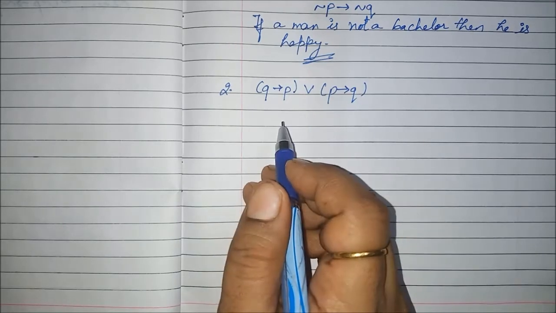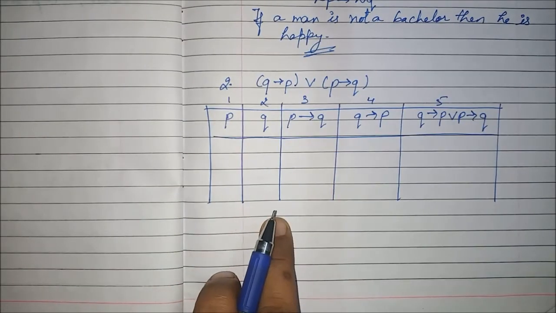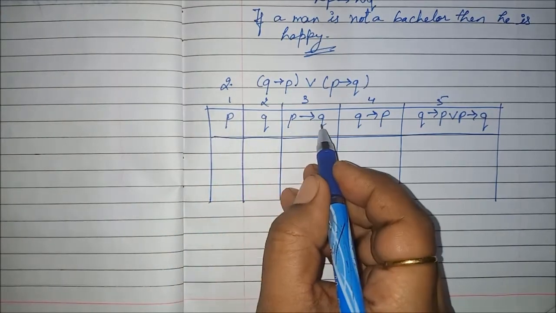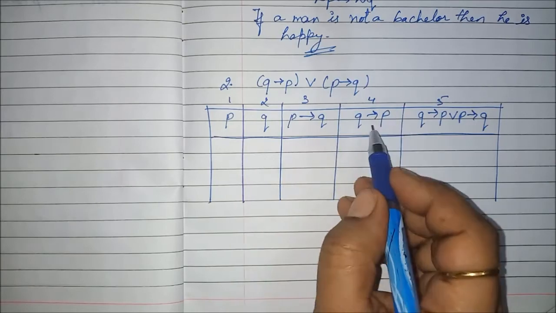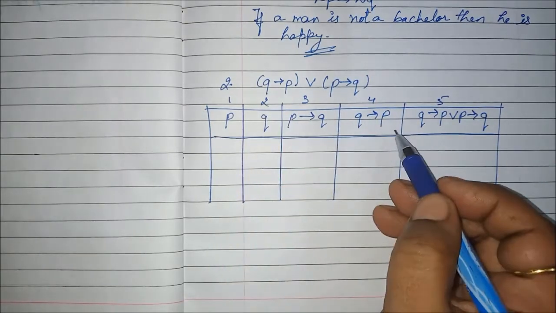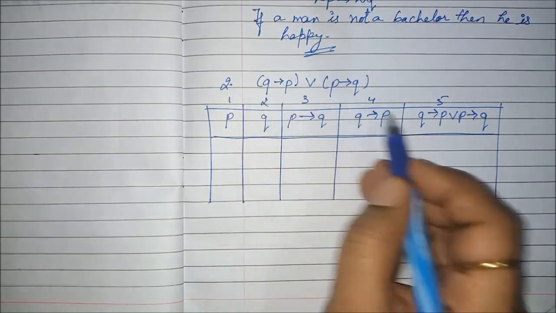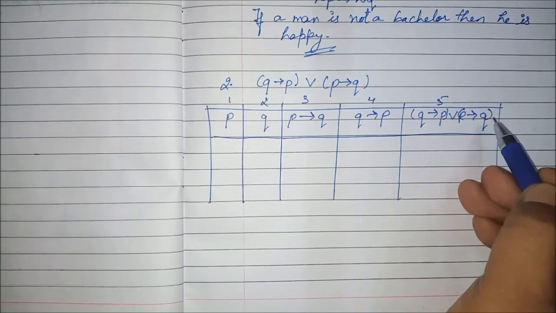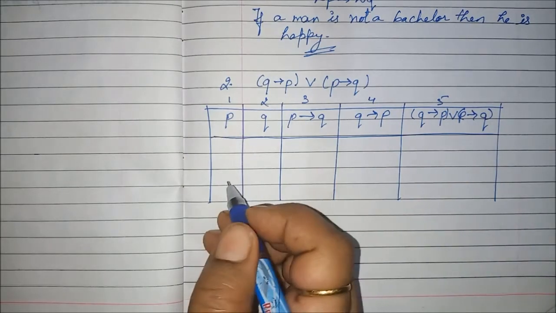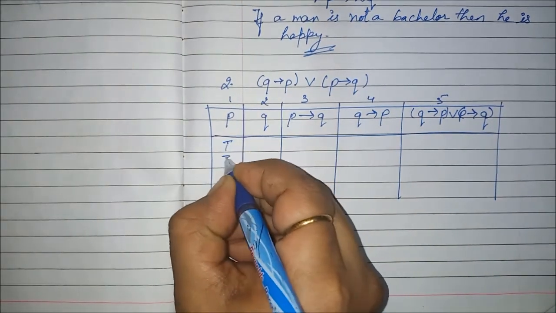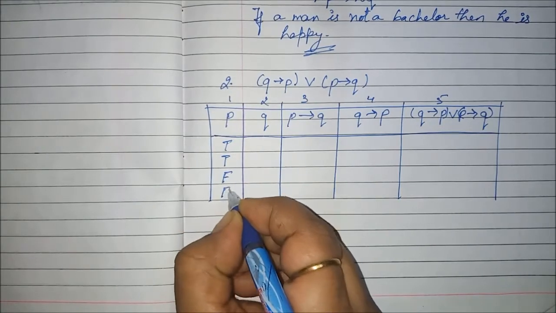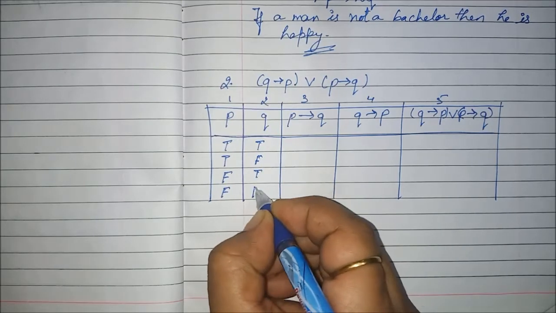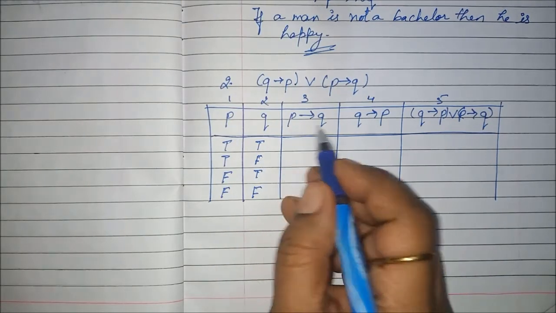In the first columns we write P, Q. Third column is P implies Q. Then Q implies P. Then the total result Q implies P or P implies Q. Now we put the values of P: true, true, false, false. Values of Q: true, false, true, false.